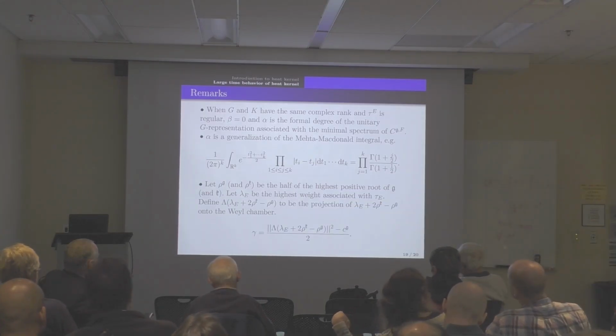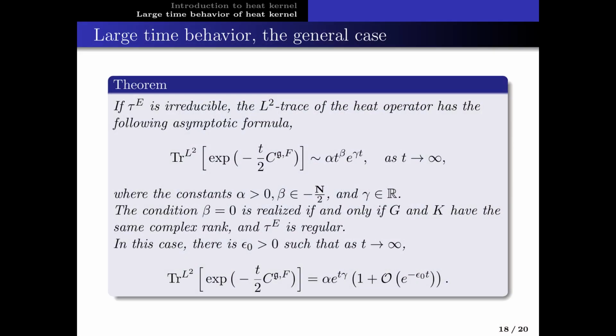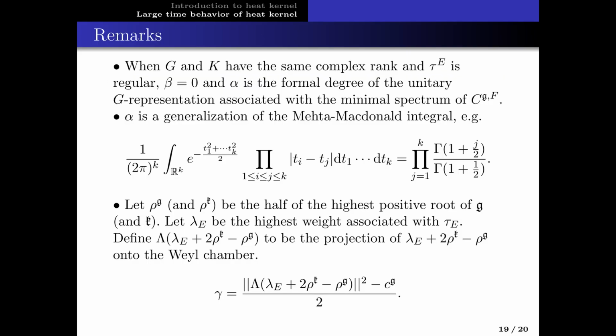Now the formula for gamma is this. It turns out this is an important quantity in representation theory. It appears in Vogan's theory of the lambda map, in his classification of unitary representations of reductive groups.